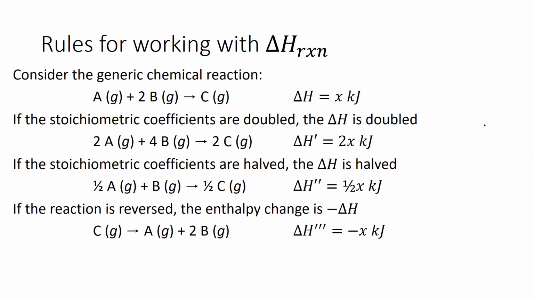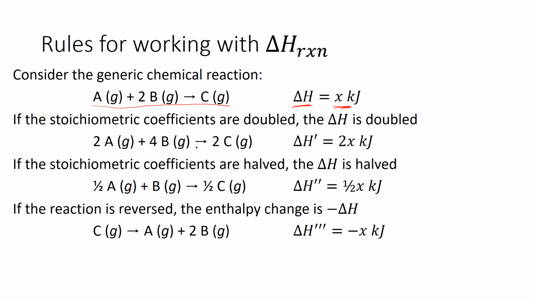Okay? And so that brings us to some rules for working with enthalpies of reactions. First one, if you just have some chemical equation, okay? And so our chemical equation is just generic. A plus 2B reacts to form C. Whatever the enthalpy change is associated with that, X kilojoules, okay? We're going to use that as our baseline.